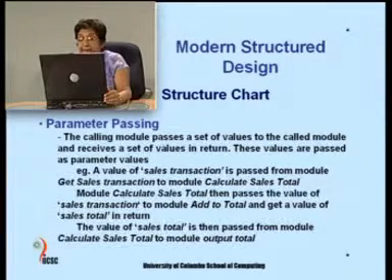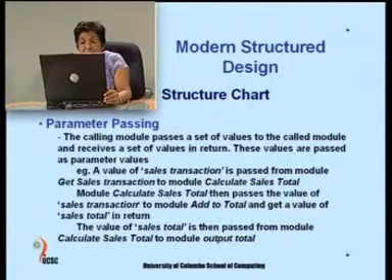So, here the calling module passes a set of values to the called module and receives a set of values in return. These values are passed as parameter values. So, for example, a value of sales transaction is passed from module get sales transaction to module calculate sales total.